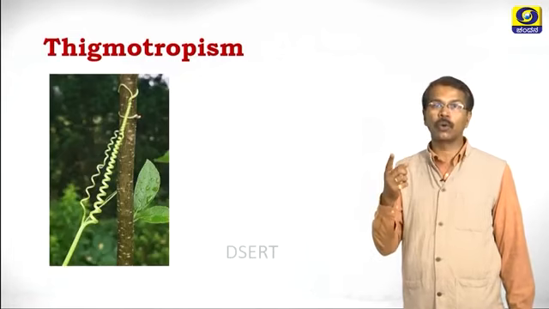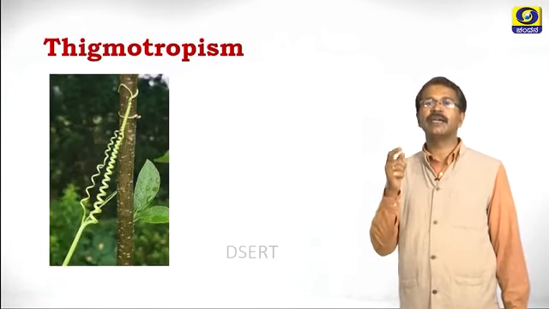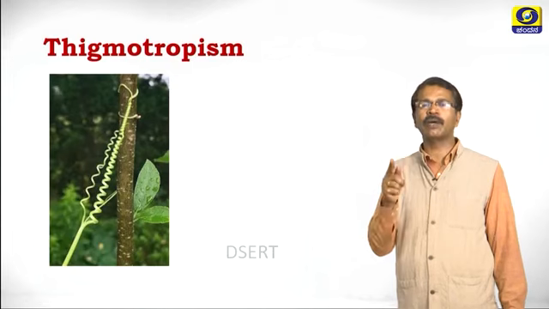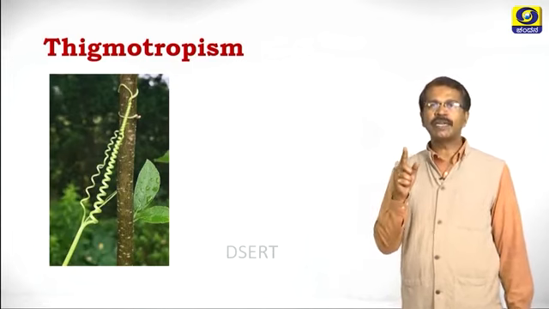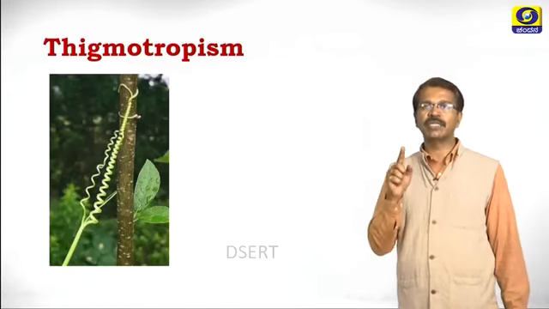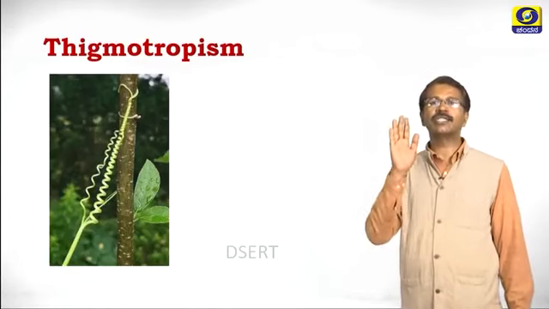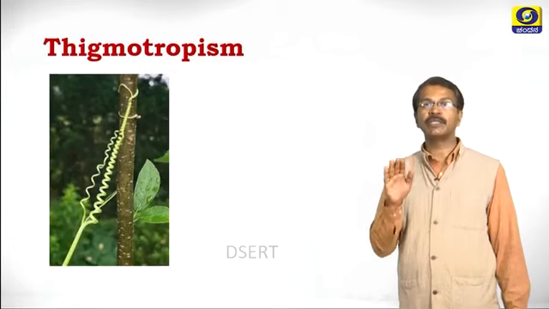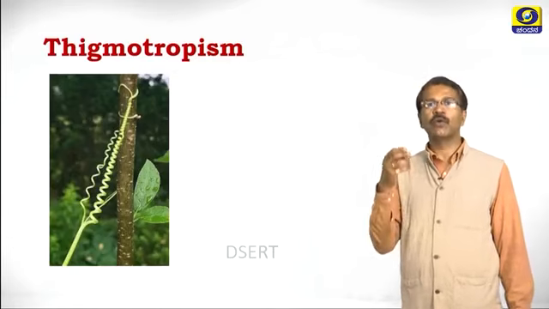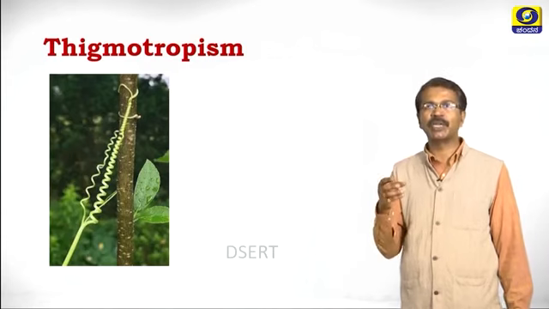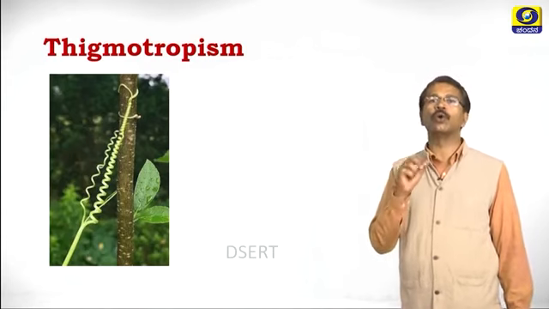Till then it will grow. The very nature of tendril is that if it doesn't come across any object, it will keep on growing. Whenever it comes in contact with a substance, it entangles it and stops its growth. So that means here tendril is sensitive to touch. Whenever it comes in contact with something, it will stop its growth.